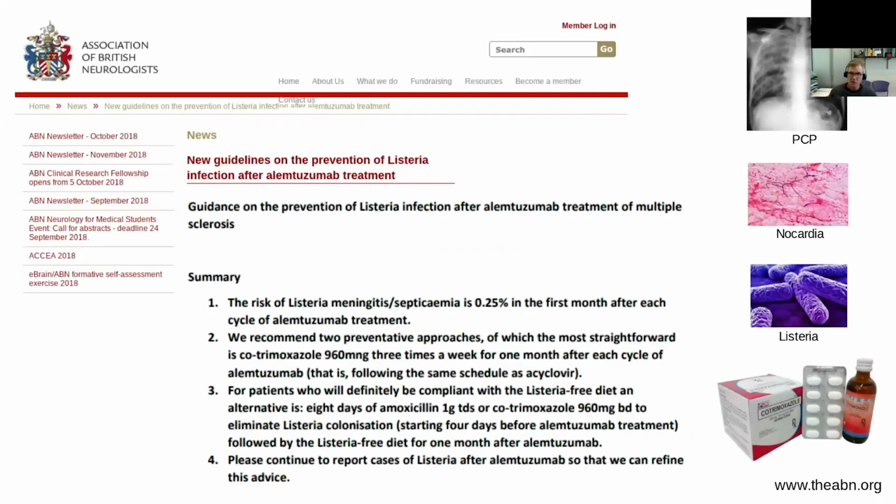Most of us now have started using cotrimoxazole prophylaxis in addition to dietary advice. The good thing about cotrimoxazole is it also covers nocardia and pneumocystis, which have both been linked to alemtuzumab treatment.